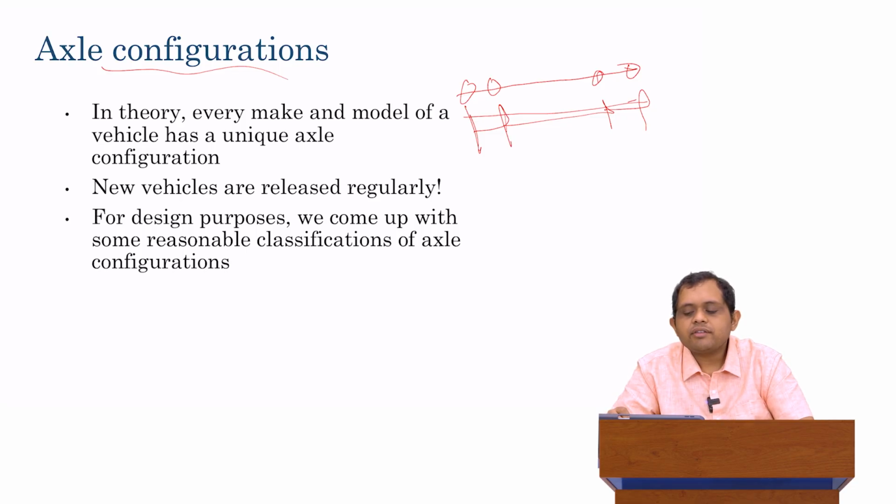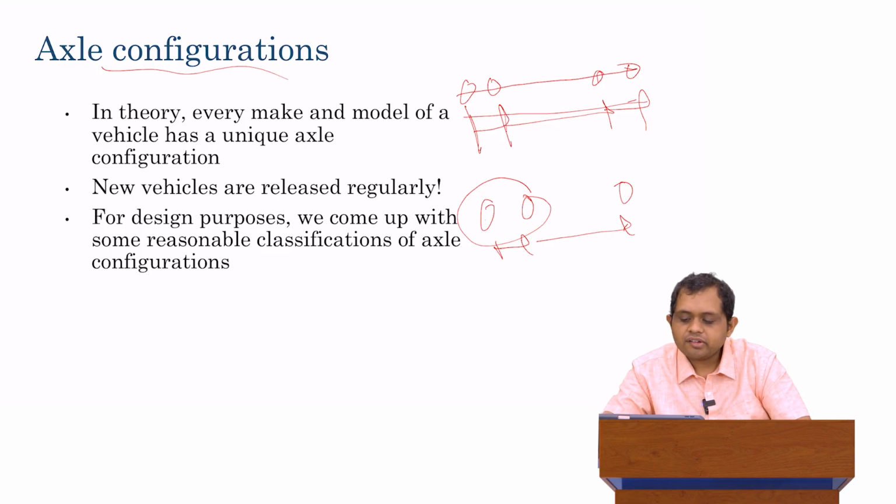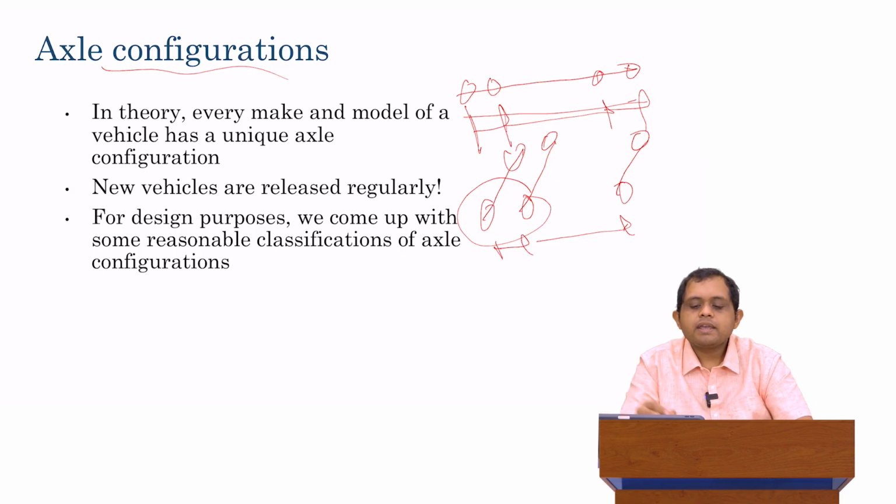So not only are we interested in the shape and size of one axle, we may also want to know what is the spacing between axles. Are some axles closely spaced? Are some axles widely spaced? These are, by the way, axles I'm drawing over here, so there are other ones on this side. Are they closely spaced? Are they widely spaced? This is what we mean by axle configurations.